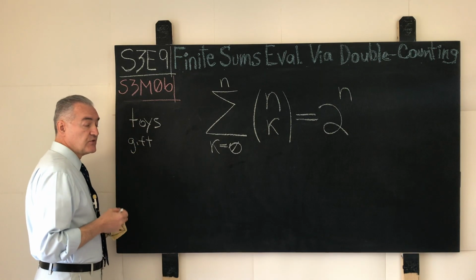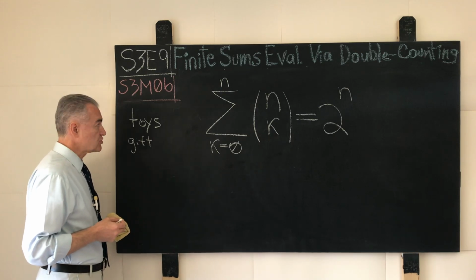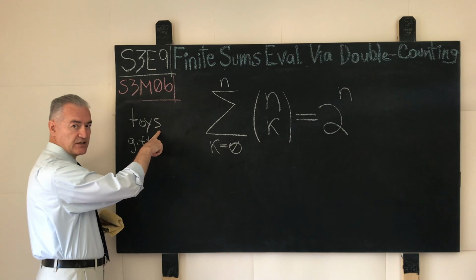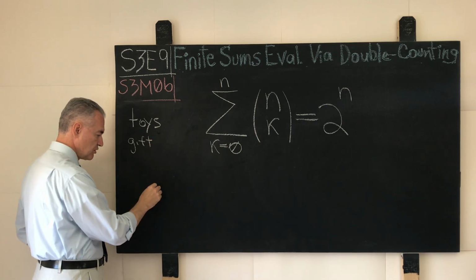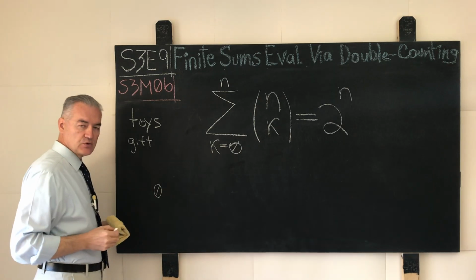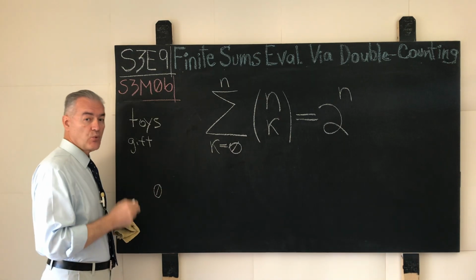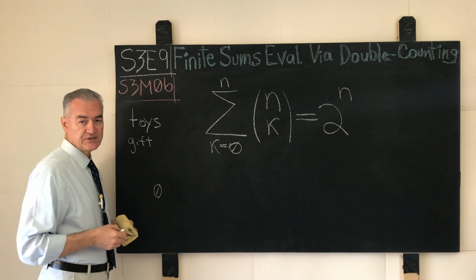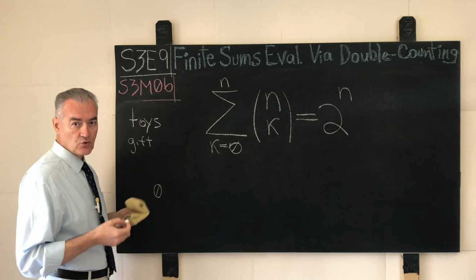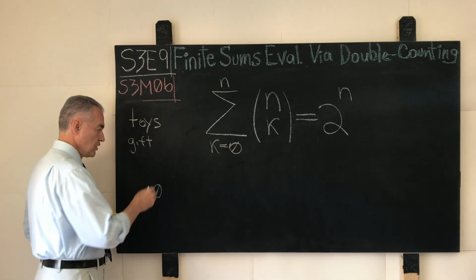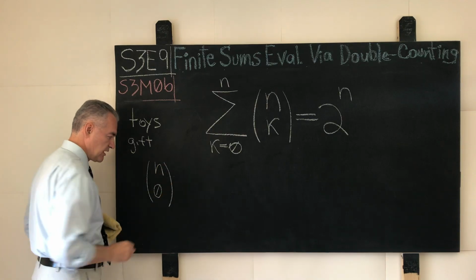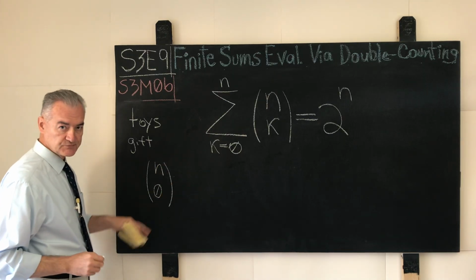The number of gifts that can be constructed from n distinct toys that contain precisely zero toys is equal to what? Is equal to the number of ways in which 0 distinct toys can be chosen from the set of n in an order-insensitive fashion when repetitions are not allowed, and that number is given by n choose 0.